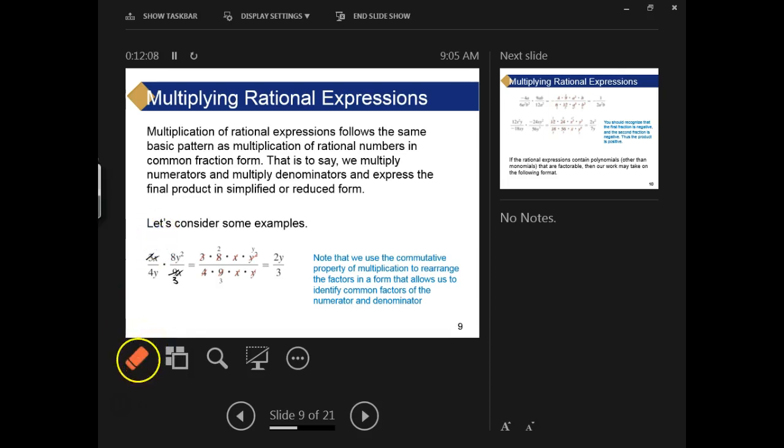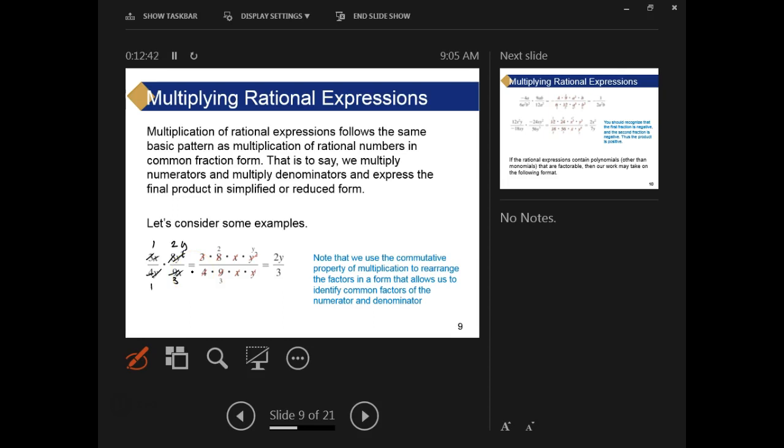Or maybe just put 1 up there. 4 will go into 8 2 times. Y will go into y squared y times. Now, this is dangerous because what you have left in the numerator is 2 times y. So you might want to cross out the whole y squared and put a y up here. So that gives you 2y here, and this is a 1 down here, and just a 3 down there. So 1 times 3 is 3.